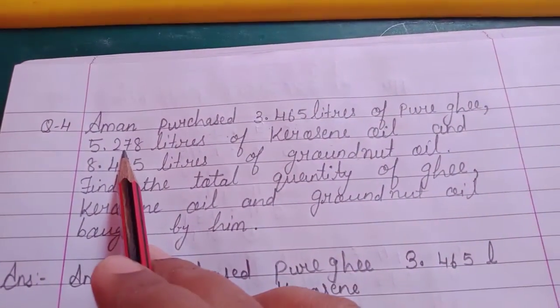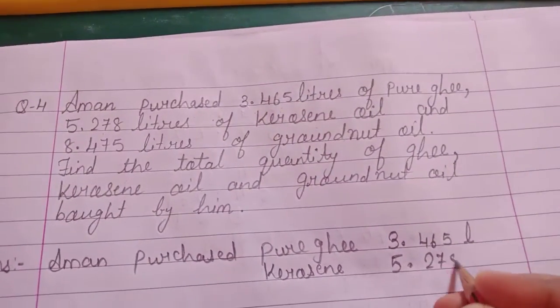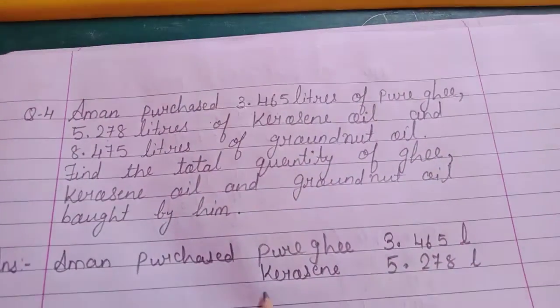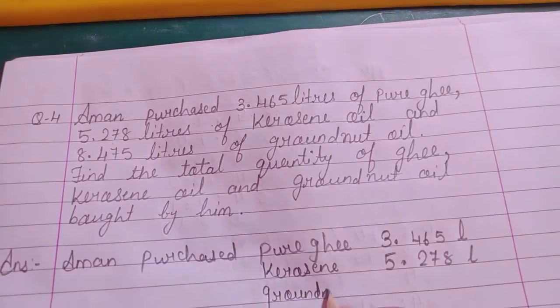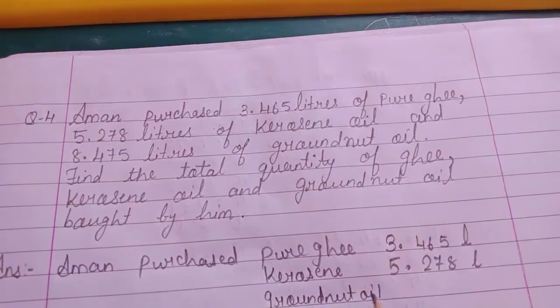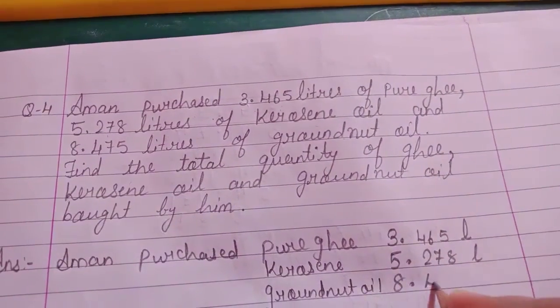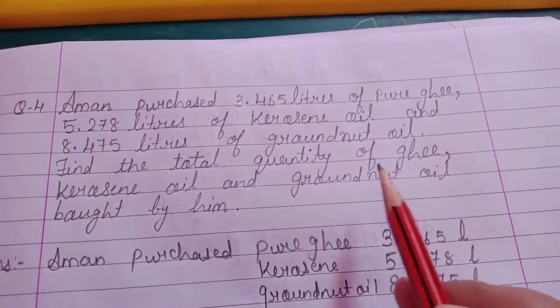How much liter he purchased? 5.278 liters. Then he purchased groundnut oil. Groundnut oil, how many liters he purchased? 8.475 liter. Okay, now we have to find total quantity.